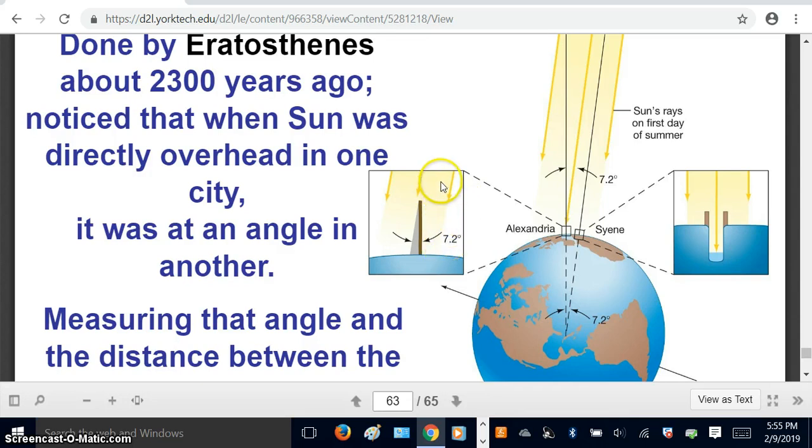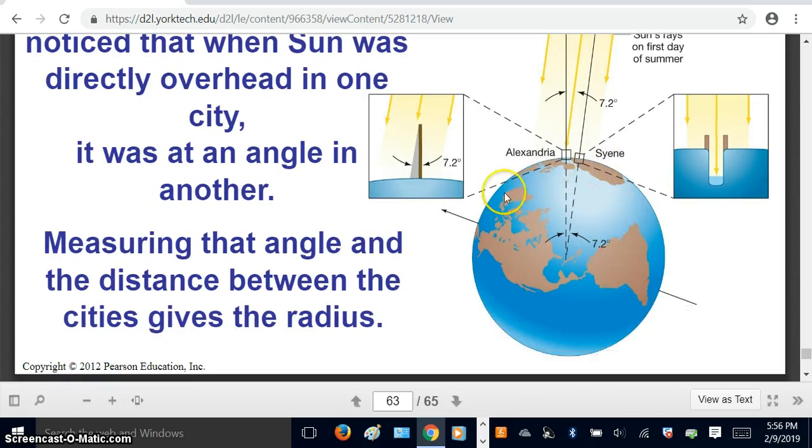So let's say at noon on that day, when the sun was as high in the sky as it was going to get, he knew that at Syene there was no shadow, and then at Alexandria he measured the shadow, and then he knew that was part of the circle, and then knowing the distance between the two, he could actually measure the circumference of the Earth, right, by just knowing the distance between the two and knowing what that angle was.